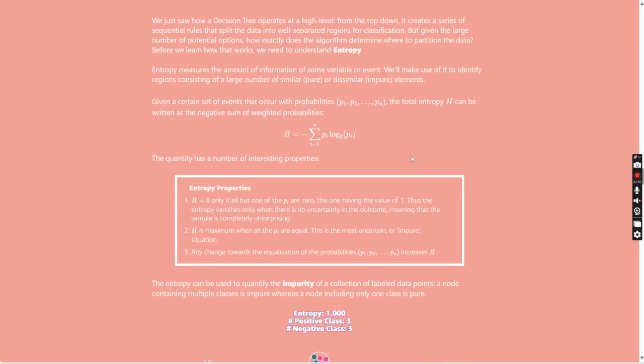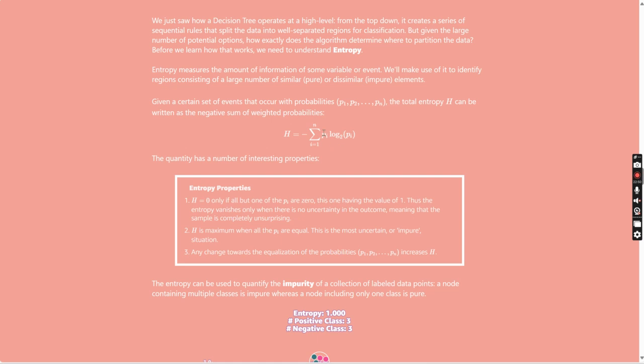Now let's say there are certain events occurring, P1, P2 up to Pn. Then the total entropy of that system is written as the negative sum of weighted probabilities. That is, the probability of occurrence of this event plus the probability of occurrence of this event, and so on, but it's a negative weighted sum. After you add all those, you finally add a negative symbol.